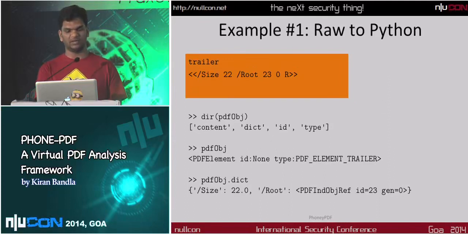It's a trailer, and it has a bunch of key-value pairs. The size is 22, and the root object is object ID 23. Once the parser consumes this whole thing, you can see down below on these other three lines it's converted to a Python-style object, and you can go ahead and do interesting things with it. If you say pdfobject.dict, it'll show you the whole key-value pairs in Python style, and you can work on it and build interesting tools.